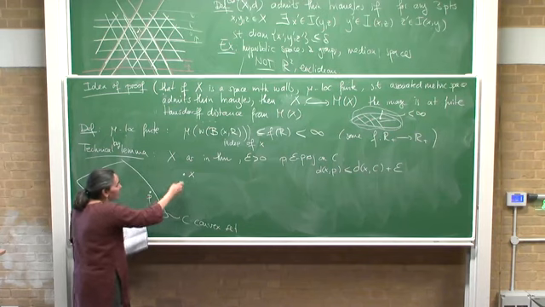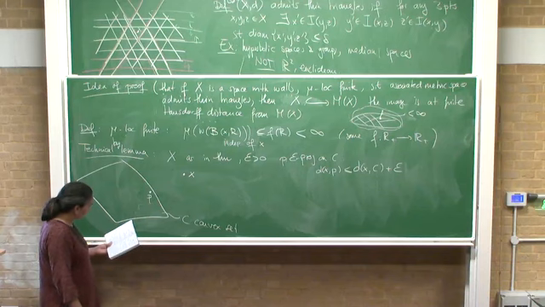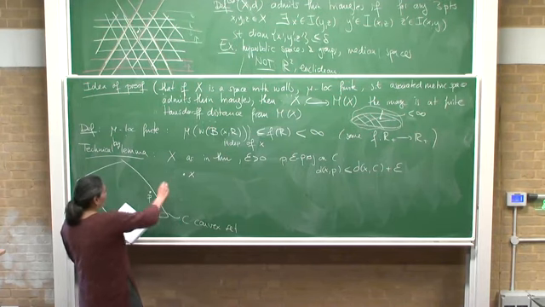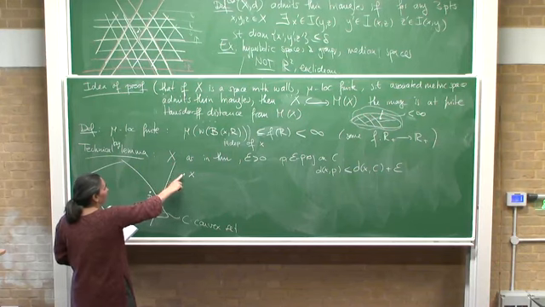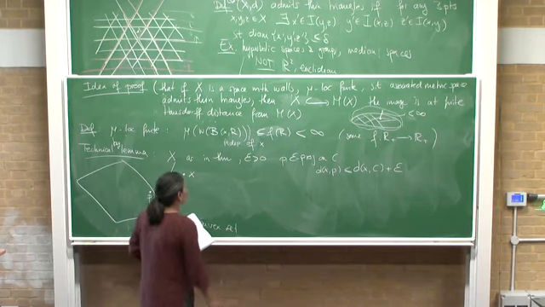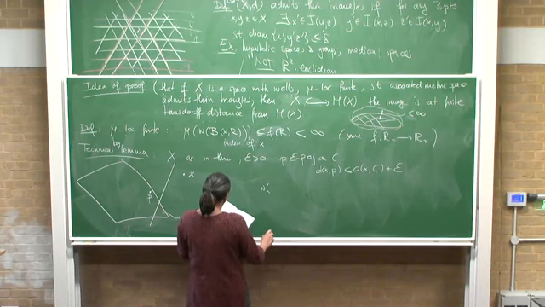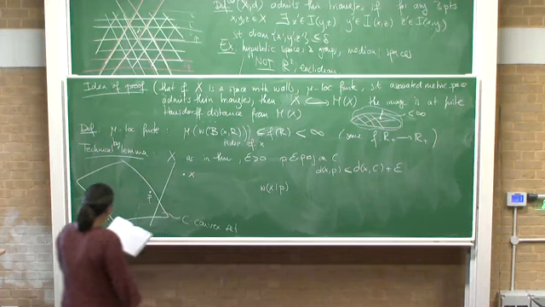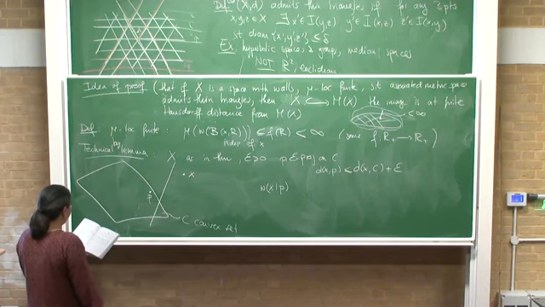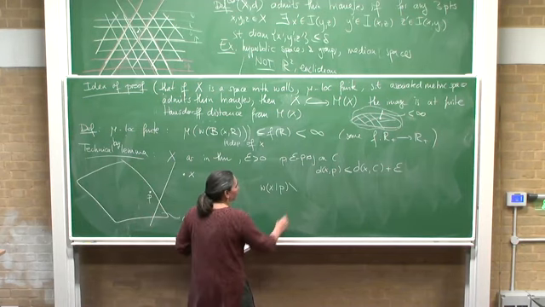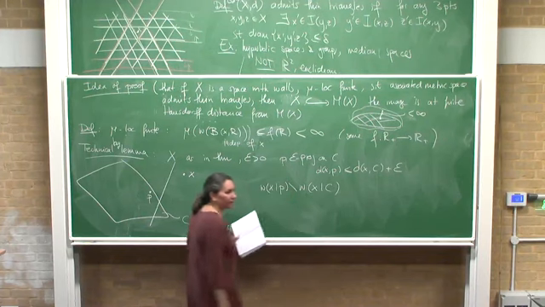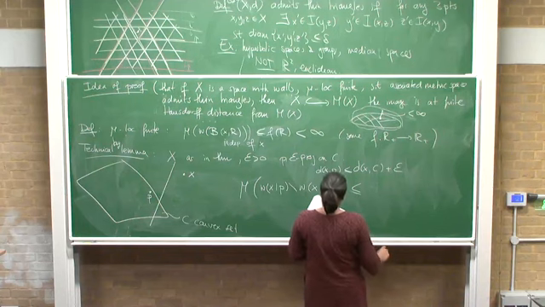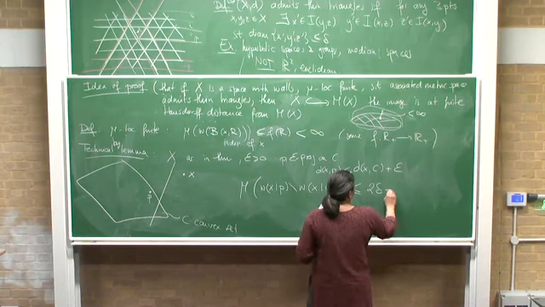So it's almost a projection. Then you look at the walls that separate x and P and intersect C. You want this measure to be less than or equal to 2 delta plus epsilon.